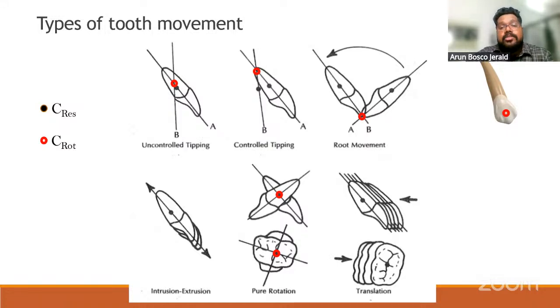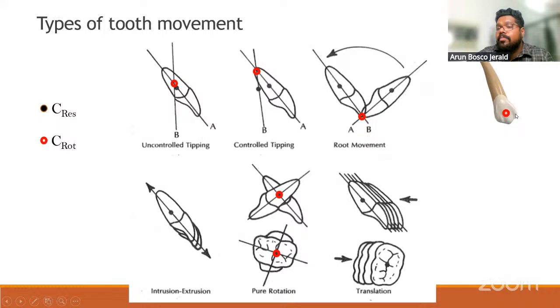Now there are two kinds of root movements. If the root movement happens in a labiolingual direction in the anterior region, or bucco-palatal direction in the posterior region, it is called torquing. So the first kind of root movement is the labio-palatal or bucco-palatal direction of the root. Now there is another kind of root movement in which you can see this canine. This canine has a distal tip.